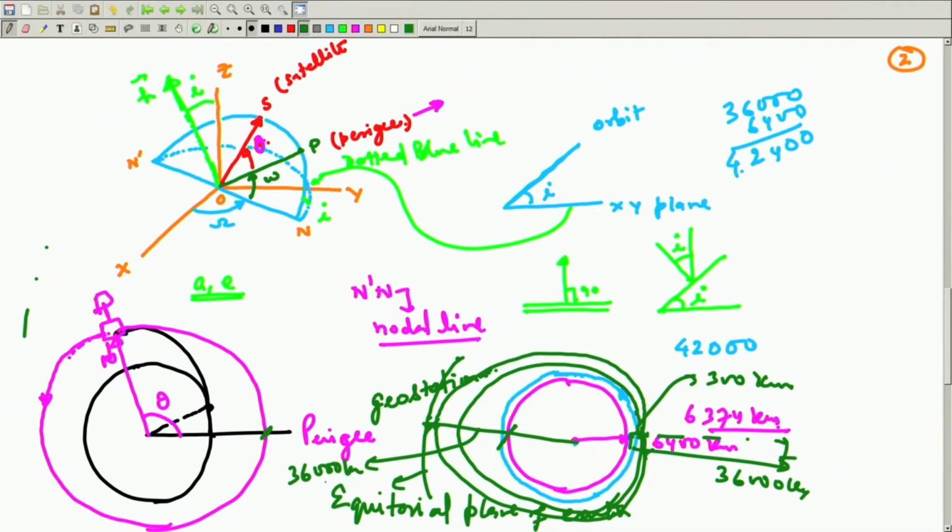There are two approaches for finding the orbital parameters.